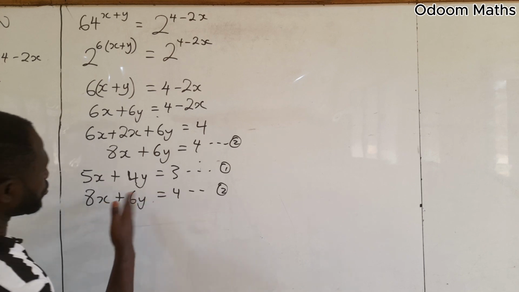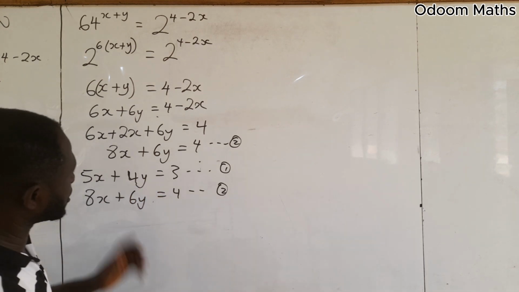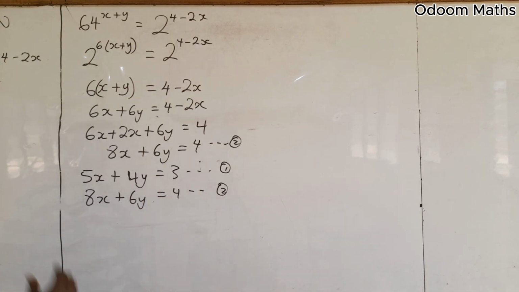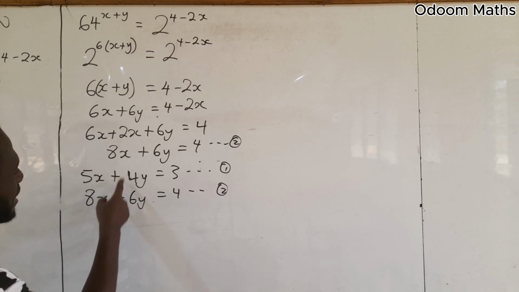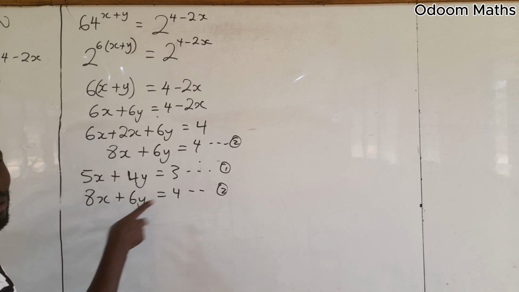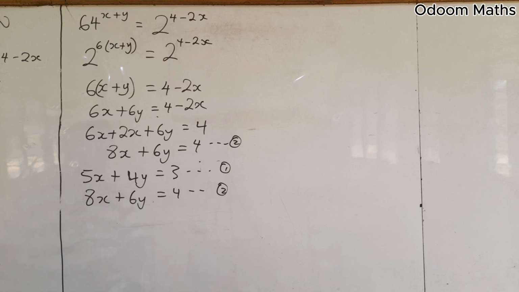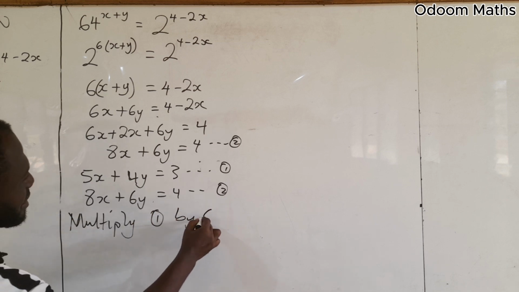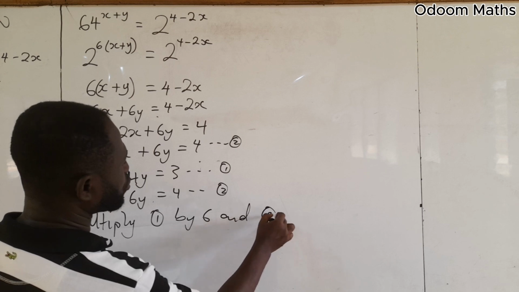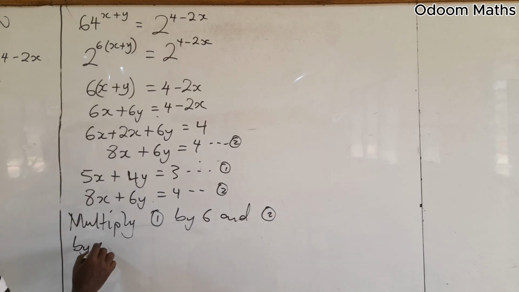Now, I want to use elimination for these equations. Here, I'm going to eliminate y. So in that case, I need to make sure that both equations contain the same coefficients of y. So I'm going to multiply equation 1 by 6 and equation 2 by 4.